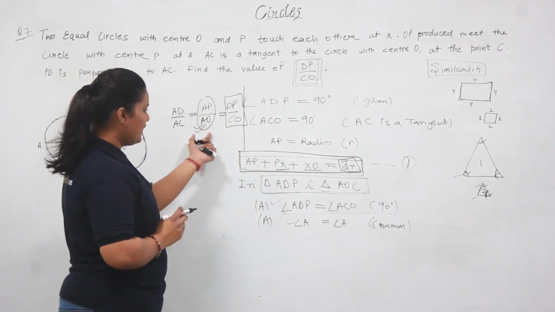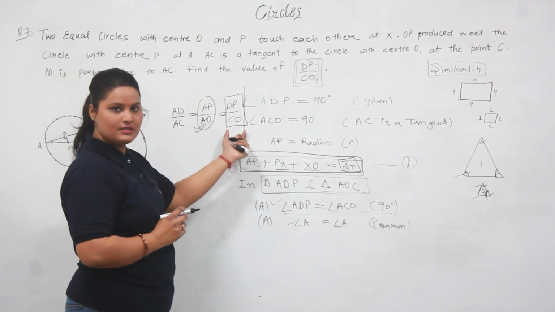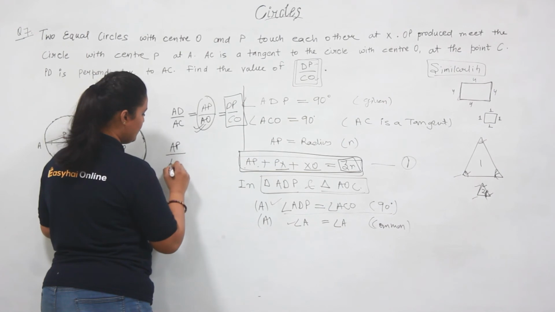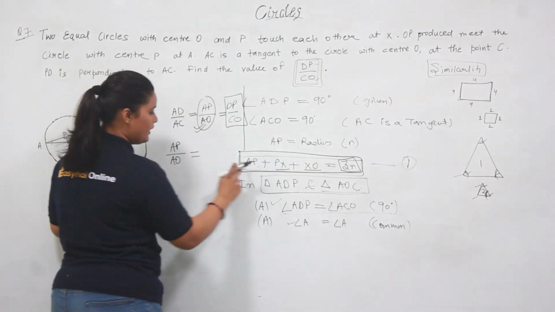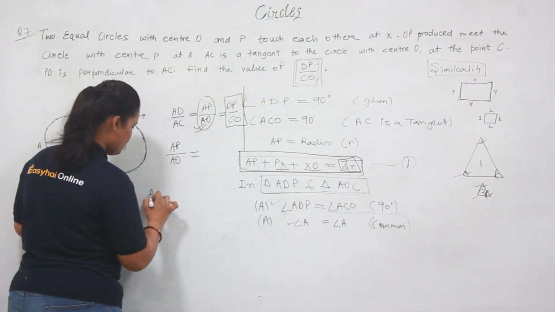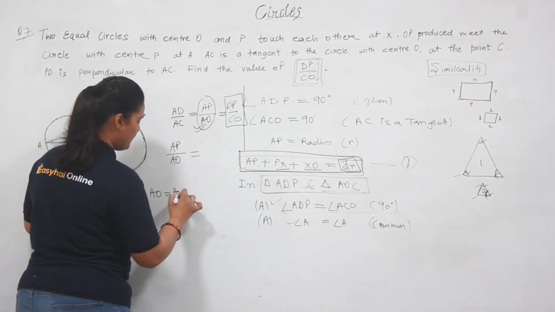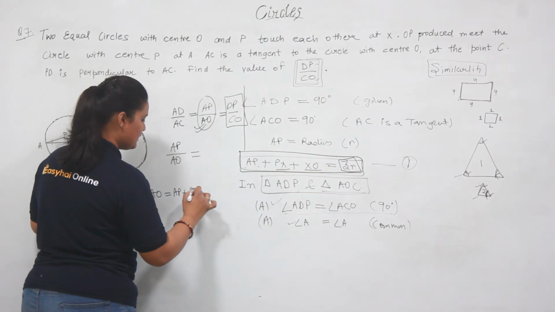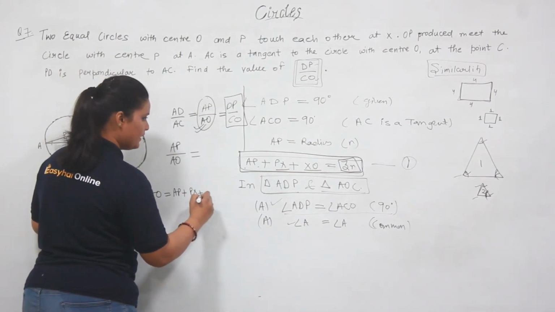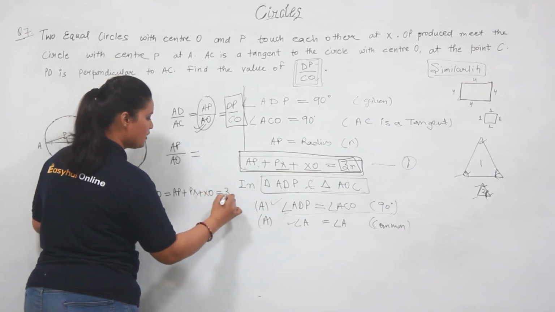If I solve it, then it will also be equal to this. Then AP upon AO, where AP plus PX plus XO makes AO, which is equal to AP plus PX plus XO.